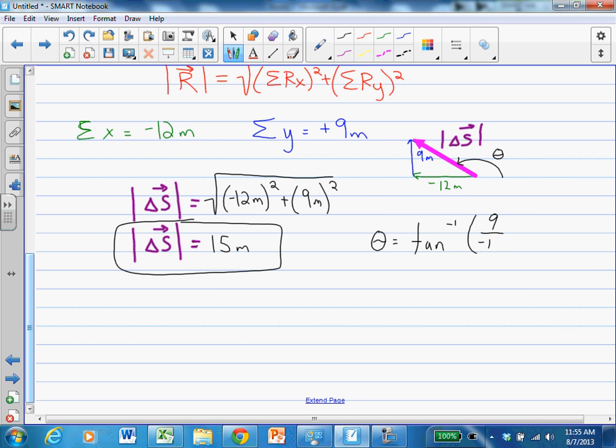Now, in that case, when you put in 9 over minus 12, the calculator is not going to know which is negative, like what you're doing. Let's try it, 9 divided by minus 12. And that gives you minus 36.9 degrees.